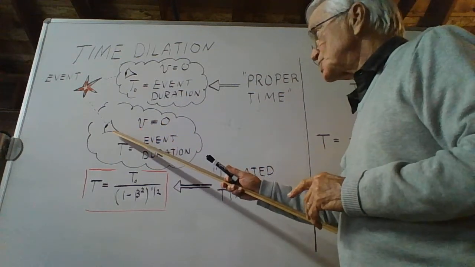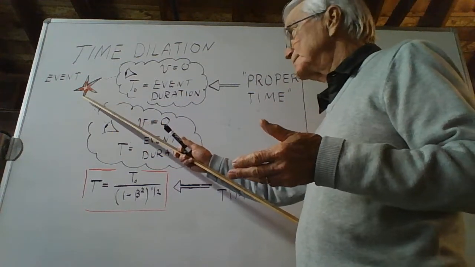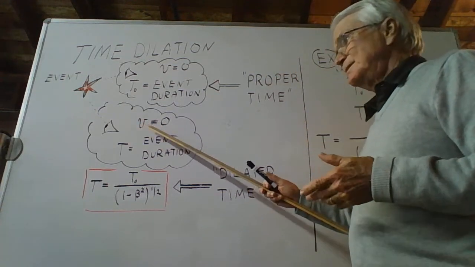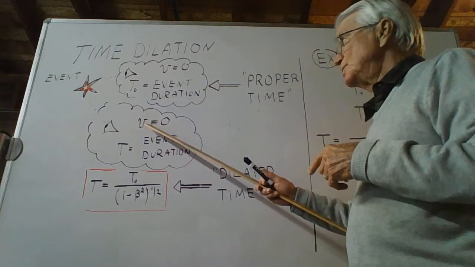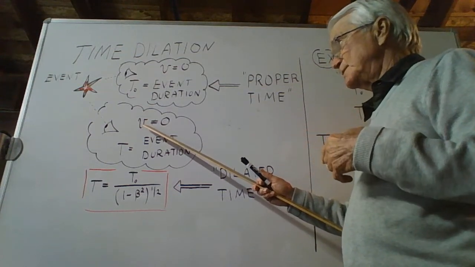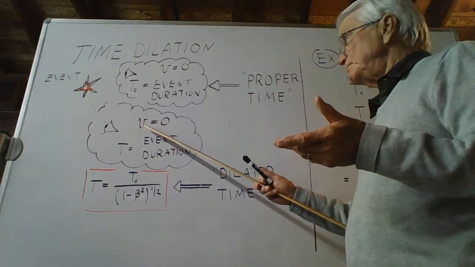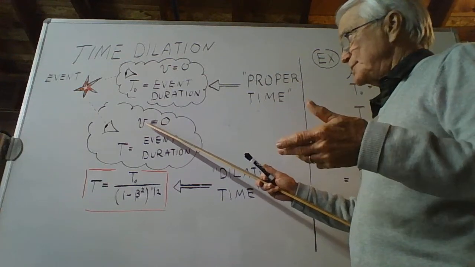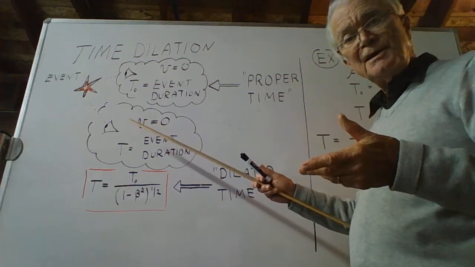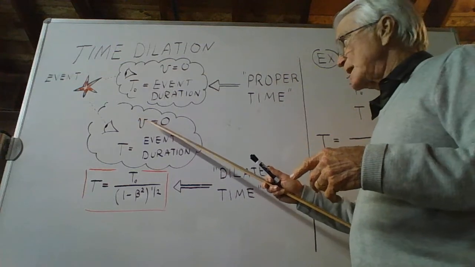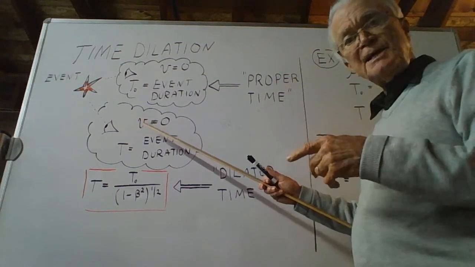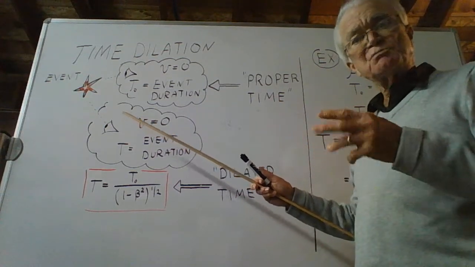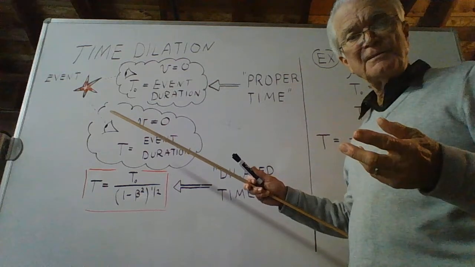A second observer shown here is looking at the same event, but that observer's relative velocity is not 0. This person is moving relative to the event. An example of that would be back to that track meet. There is a runner and a second runner. The second runner is looking at the first runner. Each object or observer, each person, each runner is moving relative to the other.